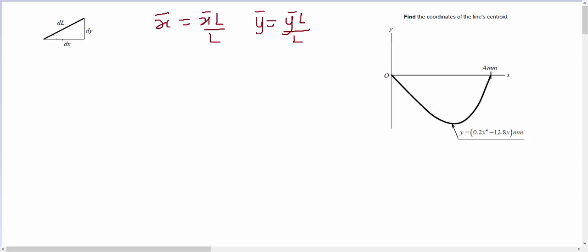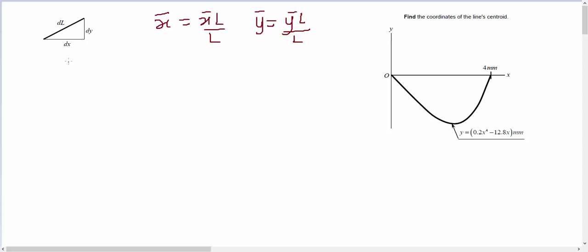So over here we have a triangle, with the change in y down here, and a change in x. So your change in L can be found using the Pythagorean theorem.